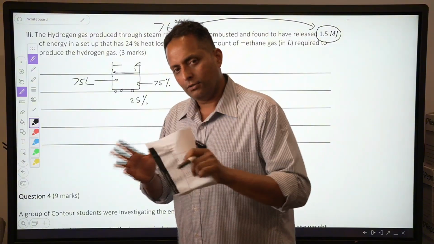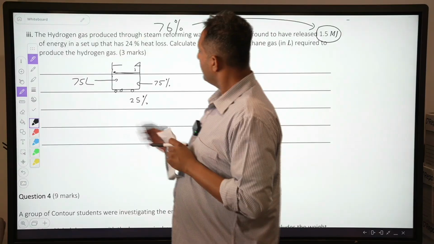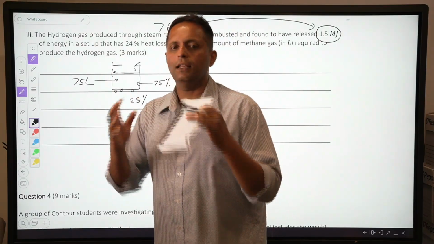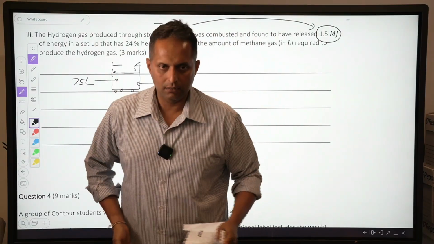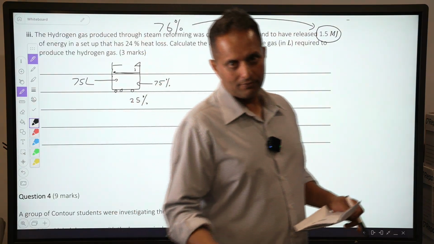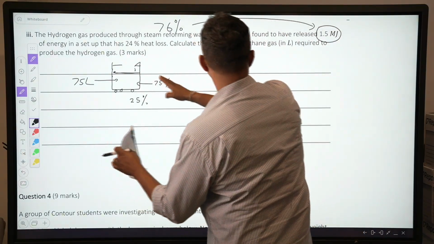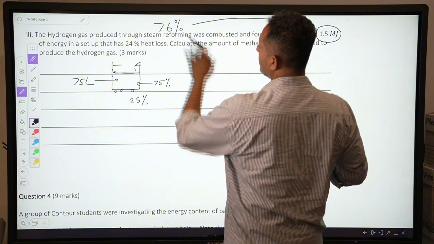The point I'm trying to make is this: 75 liters is the only amount that we could capture, even though you poured 100 liters, right? This is exactly similar to what the question is saying.